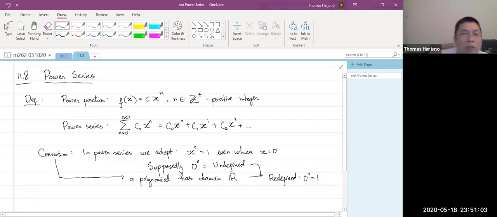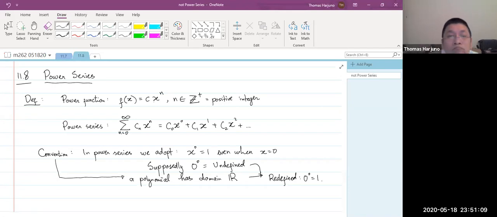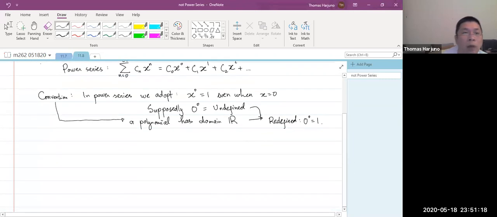Okay, so power series is basically the summation of power functions. Infinite series of power functions. Now, one of the well-known power series, of course, something you have seen before, and this is the example in our textbook. This series here, the sum of x to the n, n equals 1 to infinity.